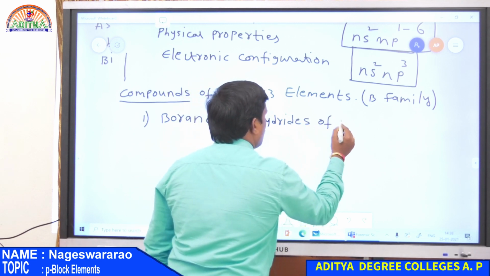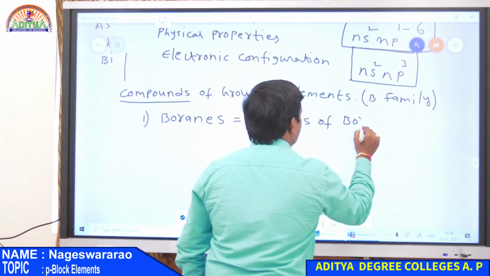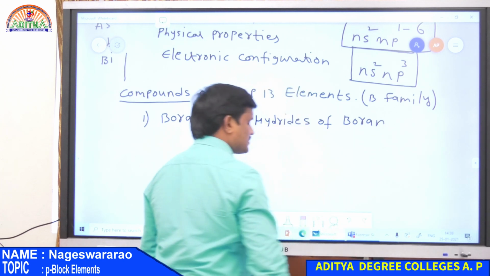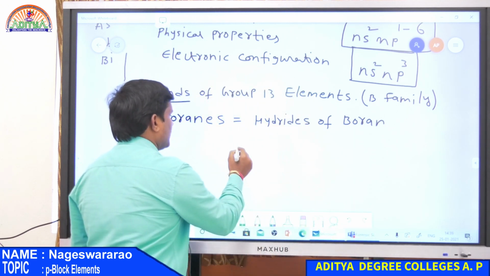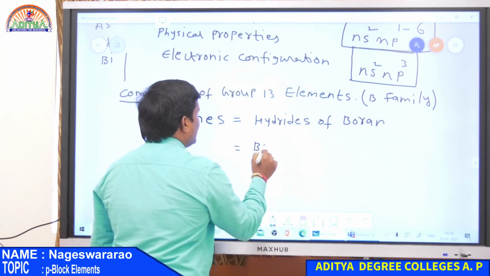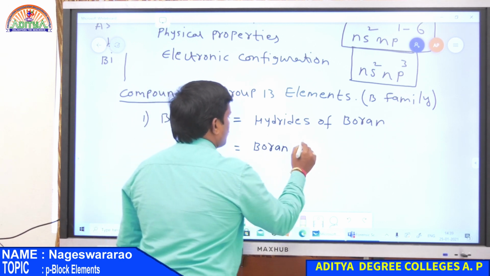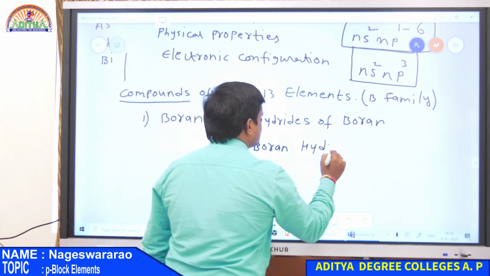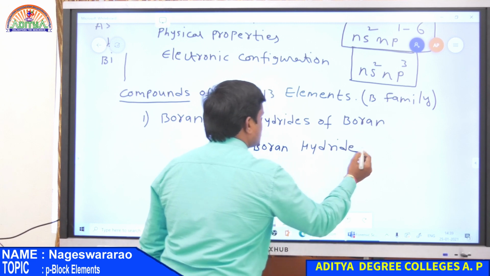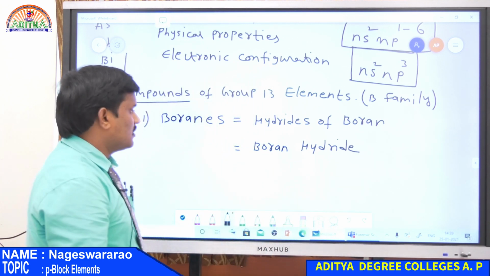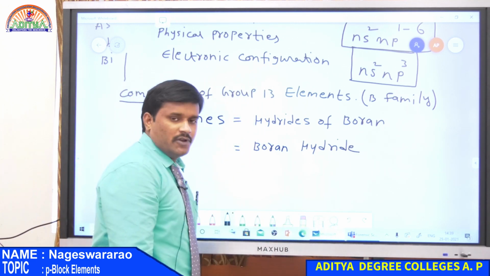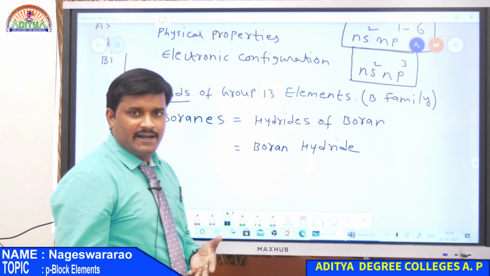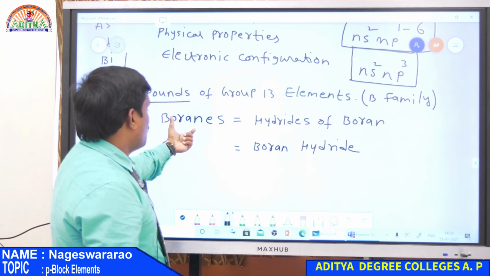Hydrides of boron are known as boranes, also defined as boron hydrides. So hydrogen plus boron, that is nothing but boron hydride. So that is nothing but boranes.